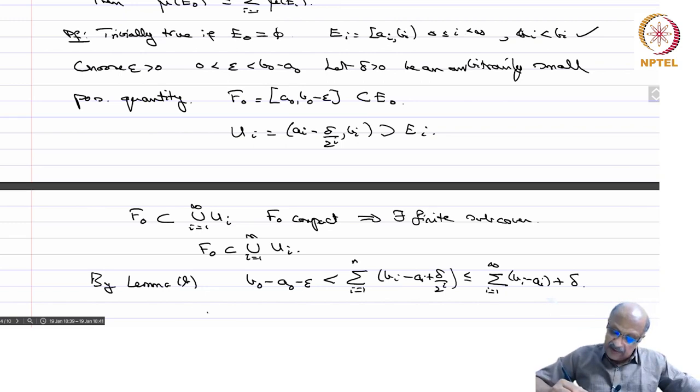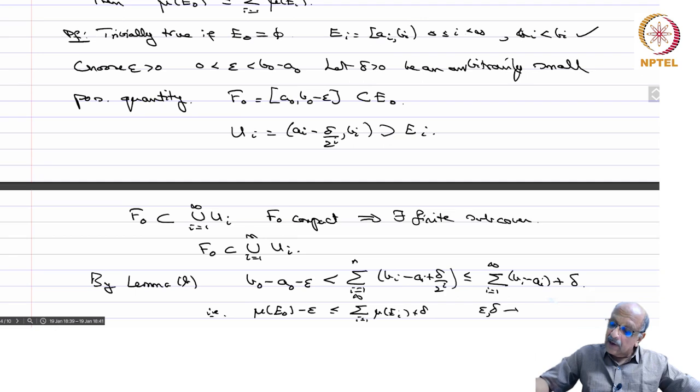So in other words, mu of E naught minus epsilon is less than or equal to sigma mu of Ei plus delta. So you let epsilon and delta go to 0 and you get the proposition.